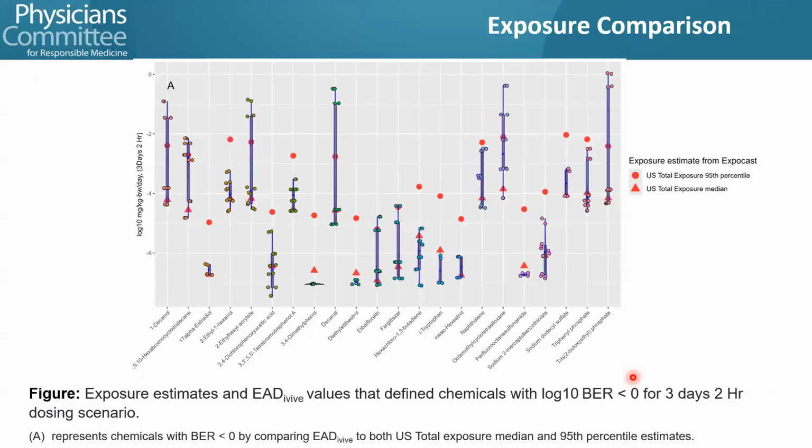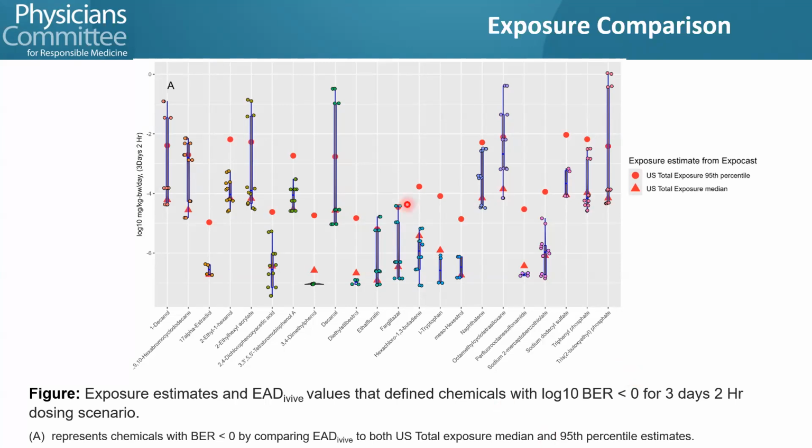And similarly, in this figure, we have provided the exposure comparison from the ExpoCast estimates and the EAD that has been derived from the IVIVE study. Again, we have utilized different dosing scenarios, but I'm just showing you the results of 3 day, 2 hour, because that was the most conservative dosing scenario that we could achieve.